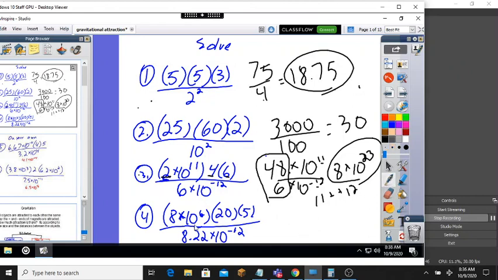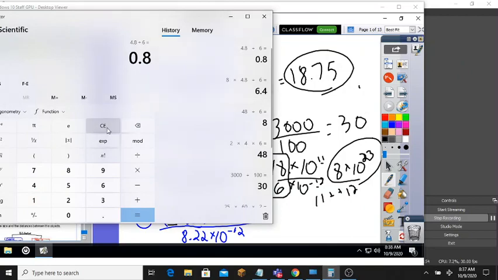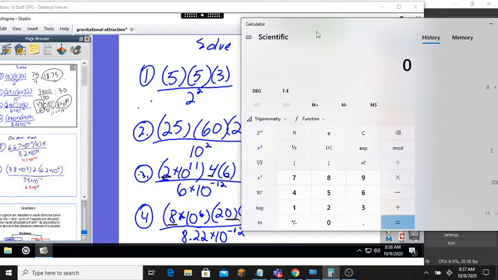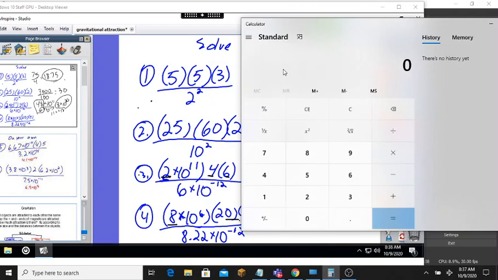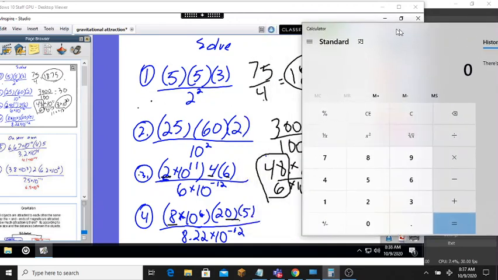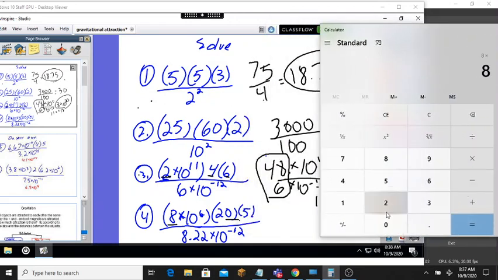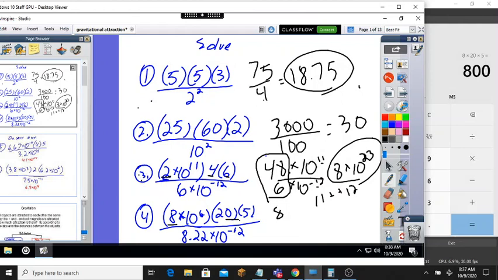Okay, so now let's look at this example here. We have 8 times 20 times 5. Let me just make it into a standard so it's not... there you go. 8 times 20 times 5, that's 800. And I'm going to leave the 6 there, okay?